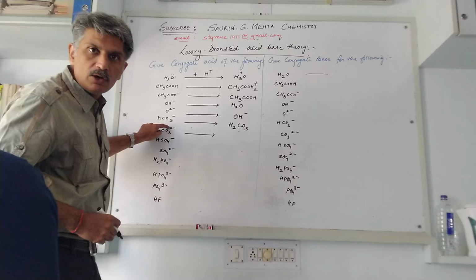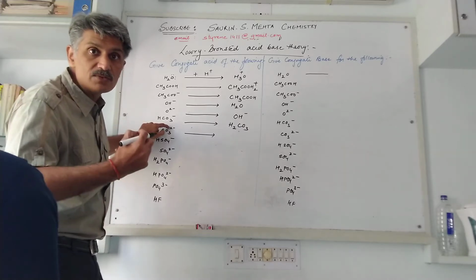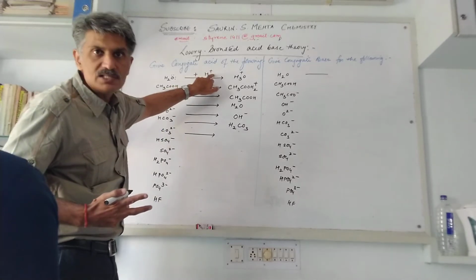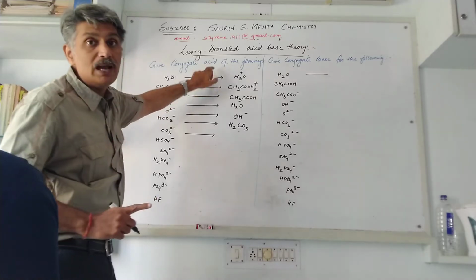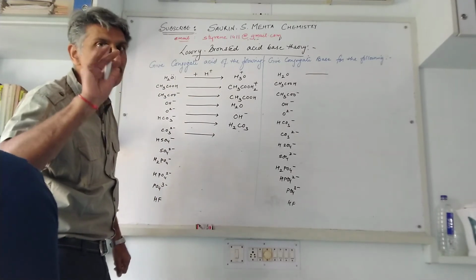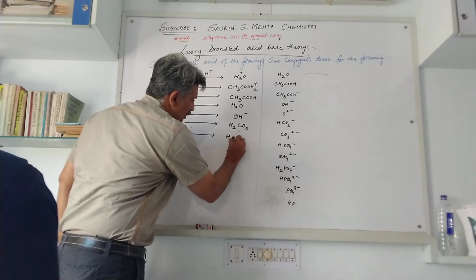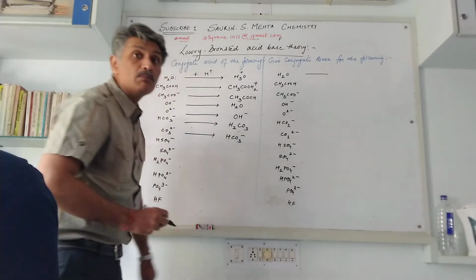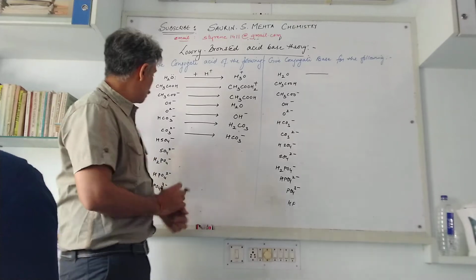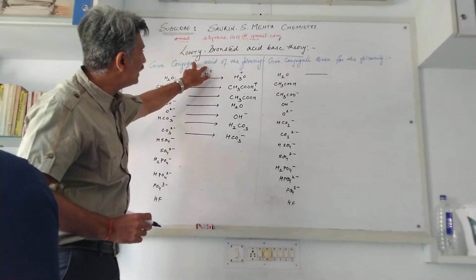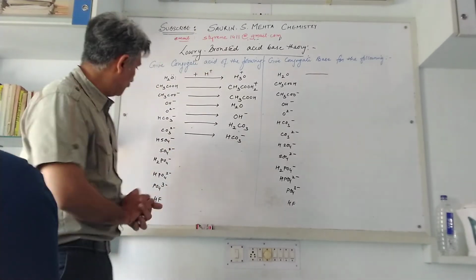But how many charges in the minus form? 2. How many charges in the plus form? Only 1. So 1 more minus will be left intact and H will get added. So the compound will be HCO3 minus, bicarbonate ion. So the conjugate acid of carbonate ion is bicarbonate ion.